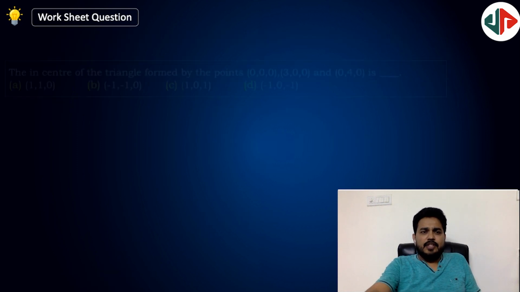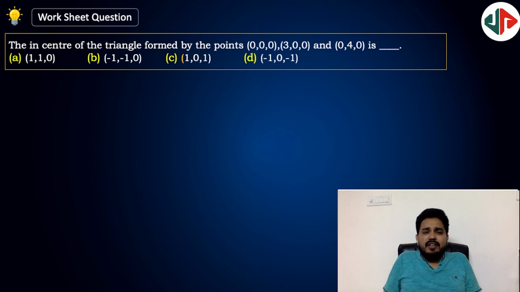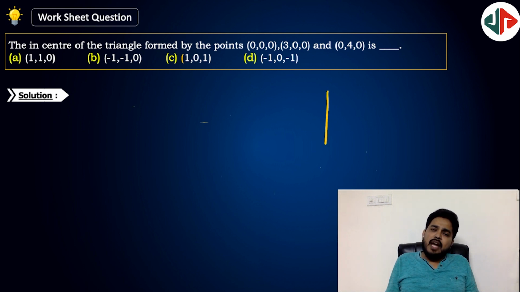Moving to the next question. The incenter of the triangle formed by (0,0,0), (3,0,0), (0,4,0) is. So this is going to be a right angle triangle only. Why?